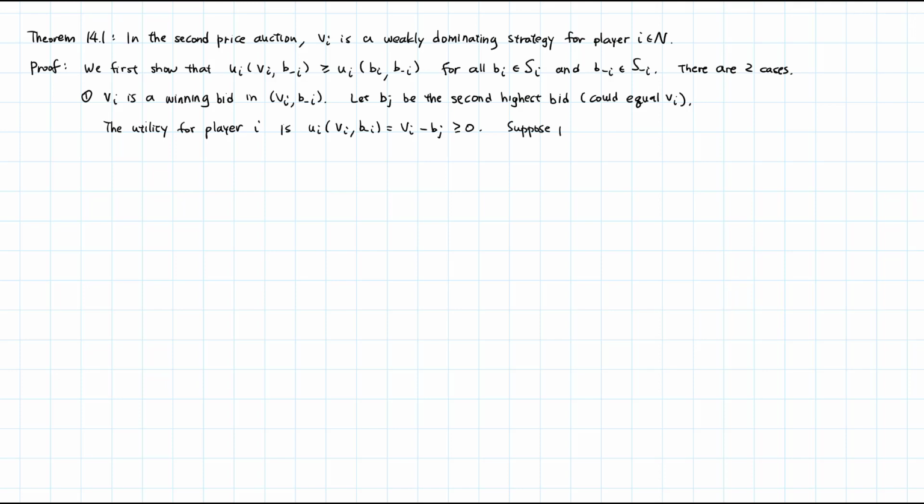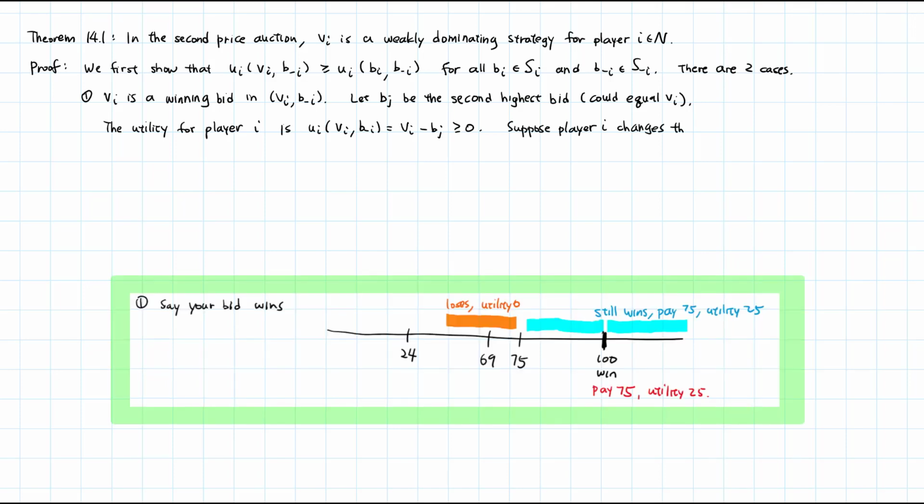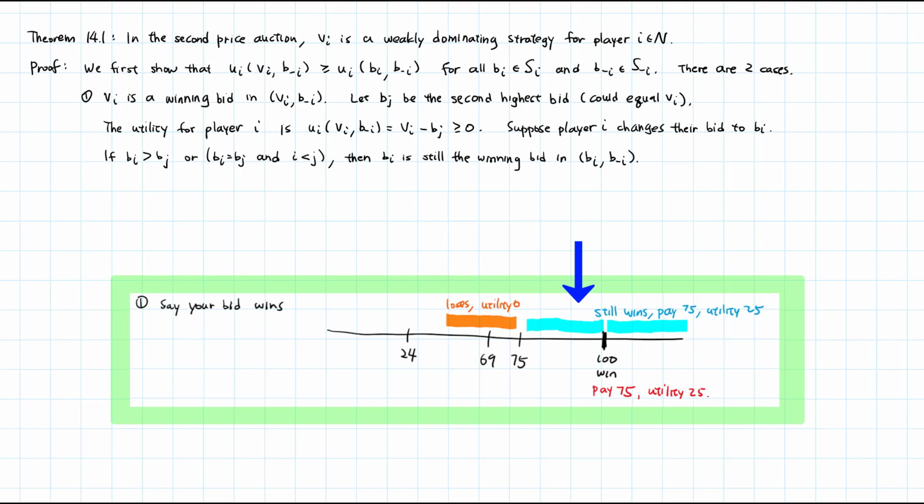We now look at what happens if player I changes their bid to BI. There are two cases. If BI is greater than BJ, or if BI is equal to BJ and I is less than J, then BI is still the winning bid when we change our strategy to BI.